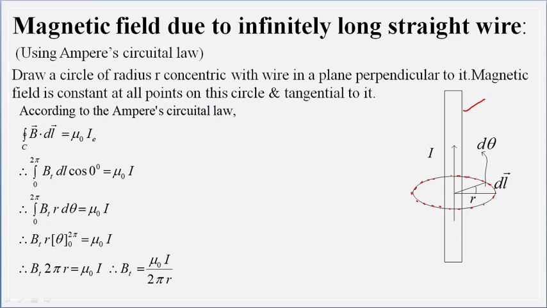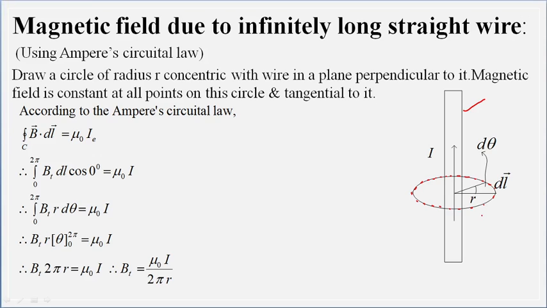Now this circle is a closed path. We have chosen some closed path. It happens to be a field line, but actually here we are choosing an Ampere loop, a closed path.